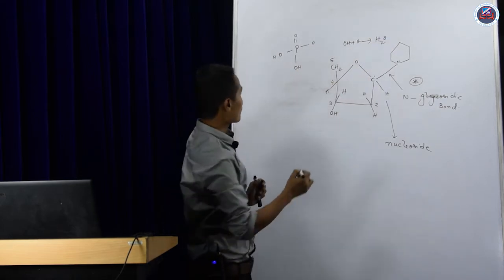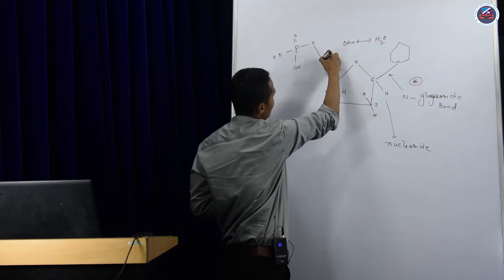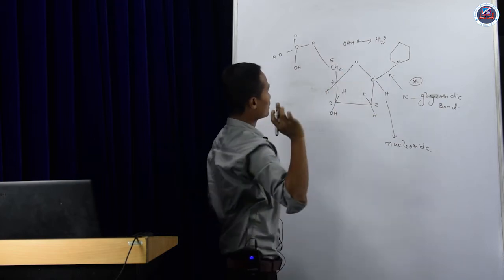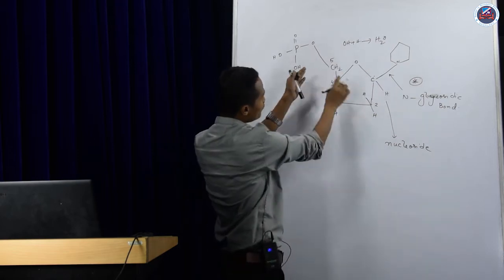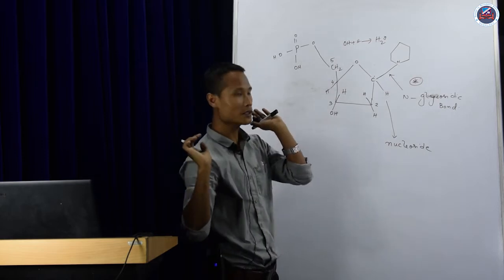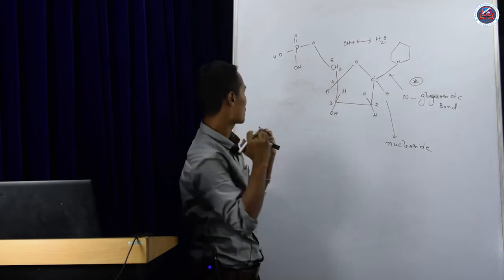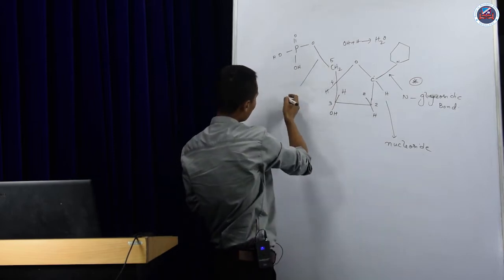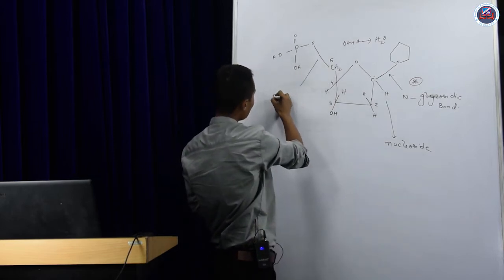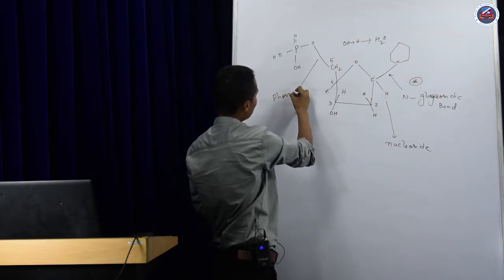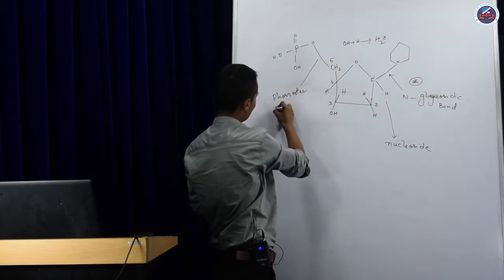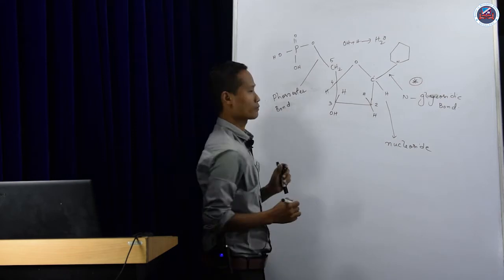You can see that with the elimination of water, carbon number 5 of the pentose sugar and the phosphoric acid form a bond. This bond is known as the phosphoester bond.